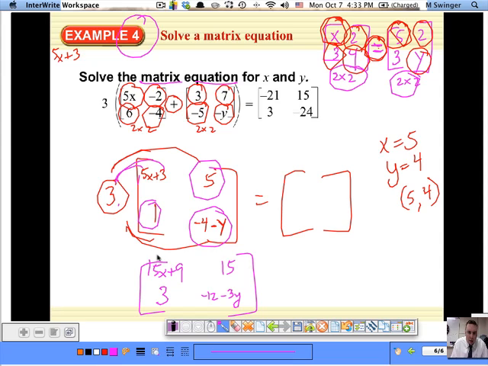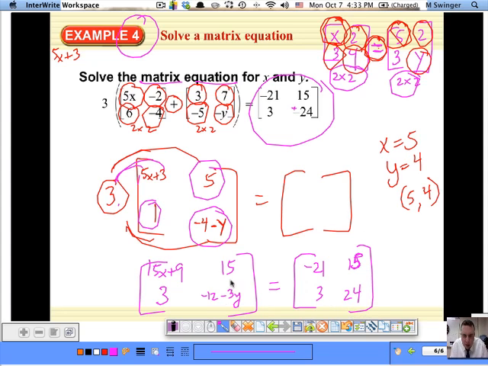Okay? So this thing, that's the best we could get it, is equal to this whole side. Negative 21, 15, 3, 24. I don't know if that's 24 or negative 24. So let's just go with, we'll just say positive 24. Now look at this. This is a 2 by 2 right here, right?